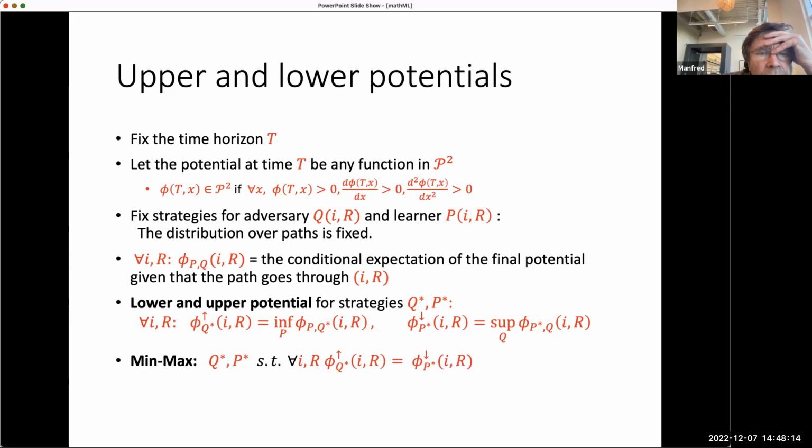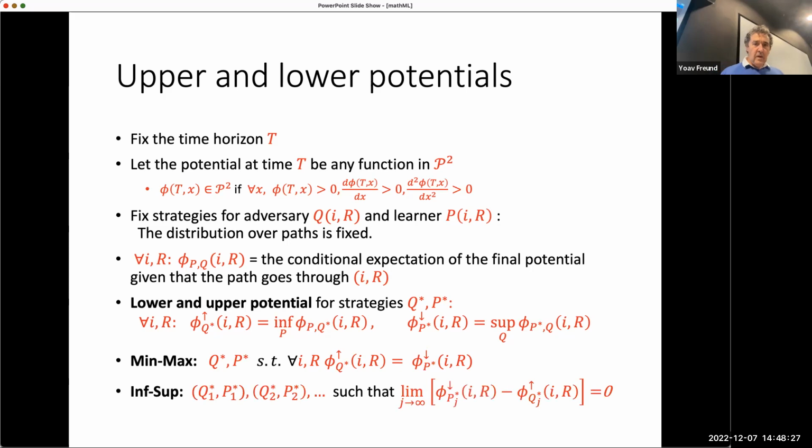What we want to find, which we're not going to find immediately, is strategies such that the upper potential and the lower potential are equal. That would make it min-max. But what we will find instead is simply a sequence of strategy pairs such that the gap between the upper and the lower goes to 0.